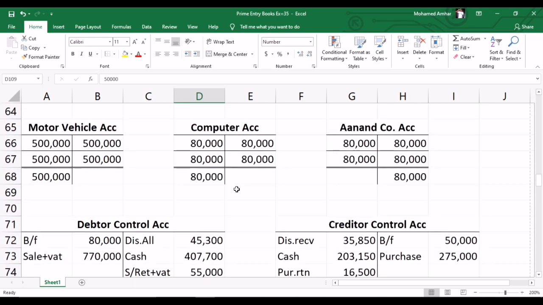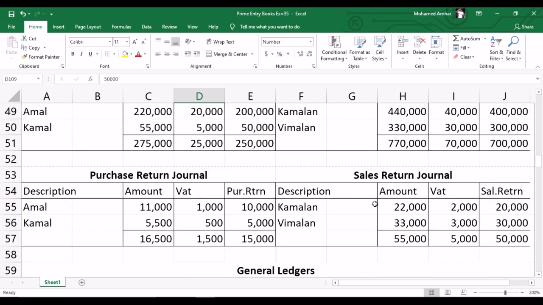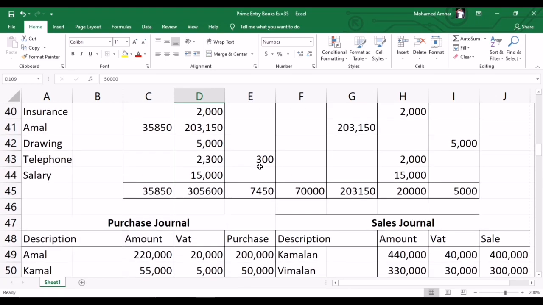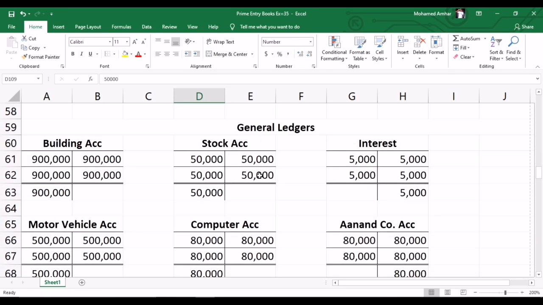Now sales return journal total also taken to ledgers. Right. Now we have taken all the balances from the prime entry book to ledgers. Finally, we have to get the totals of ledger, and then we have to take the carried down and brought forward balance.